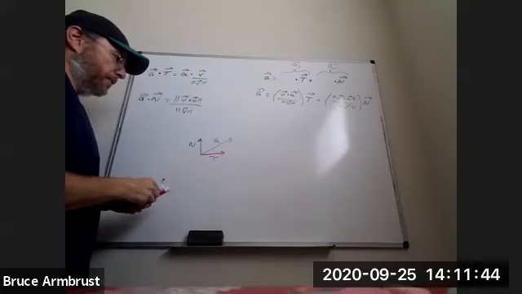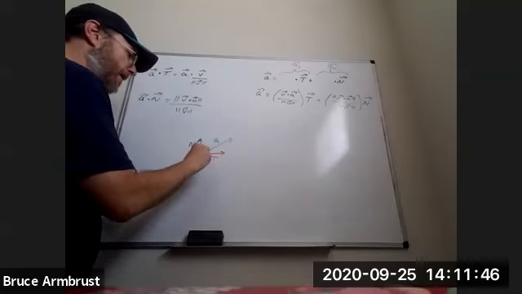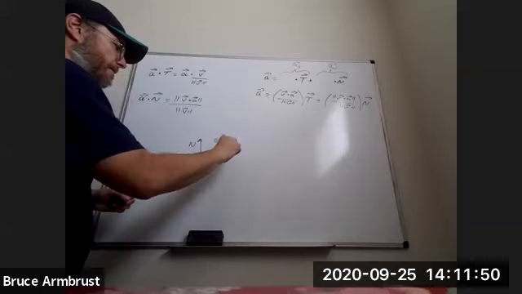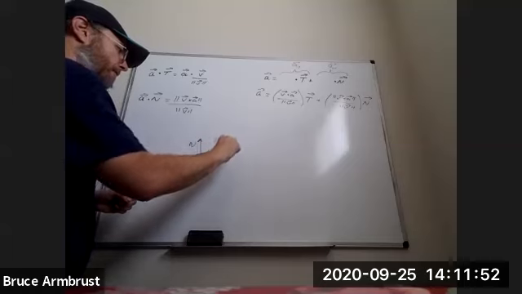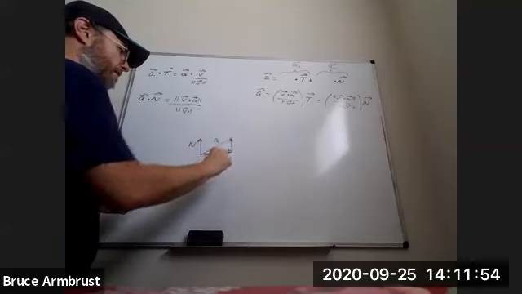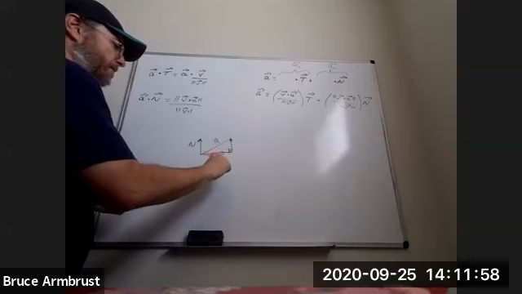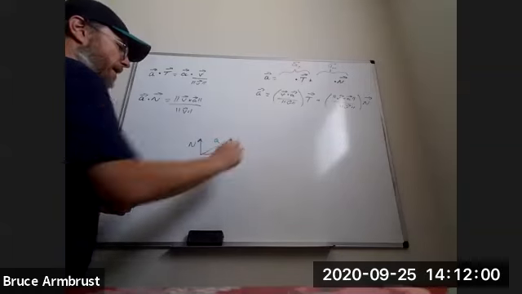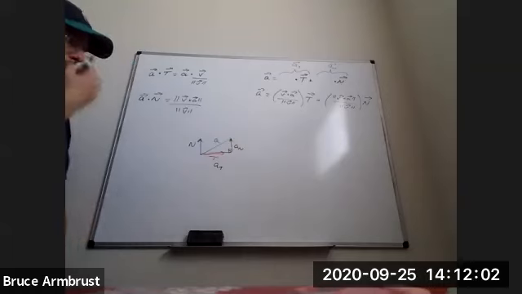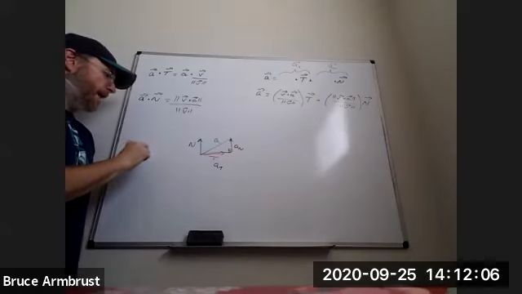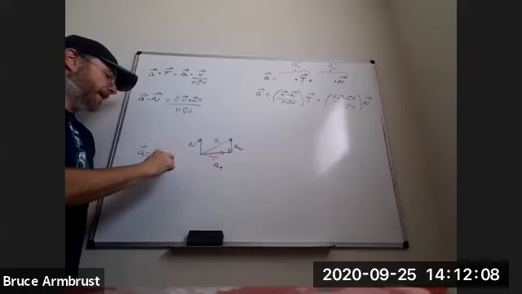So here's our picture. Think about what we're doing. We're breaking this into components so that we've got one component that points in the direction of t, and another one that points in the direction of n. So here's my a_T and my a_N. Well, what I know is that a is equal to a_T plus a_N, right?